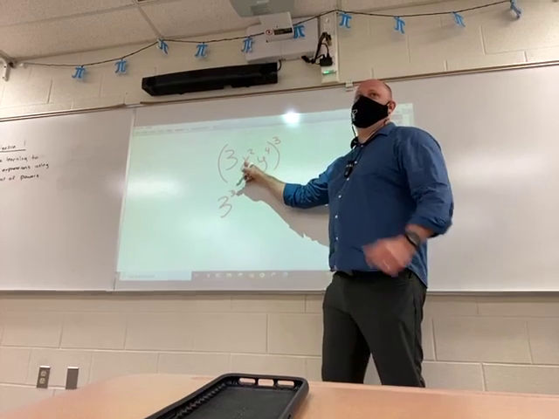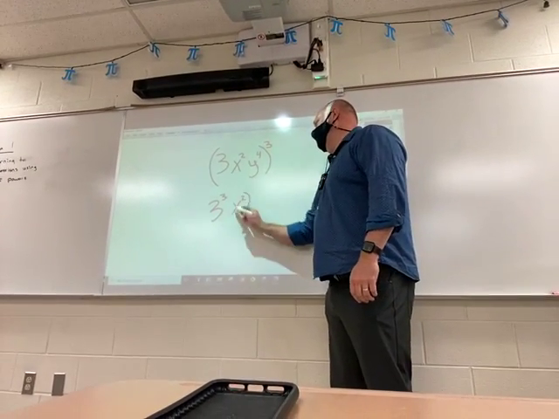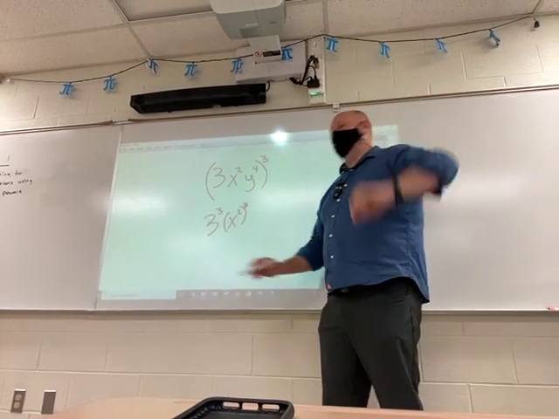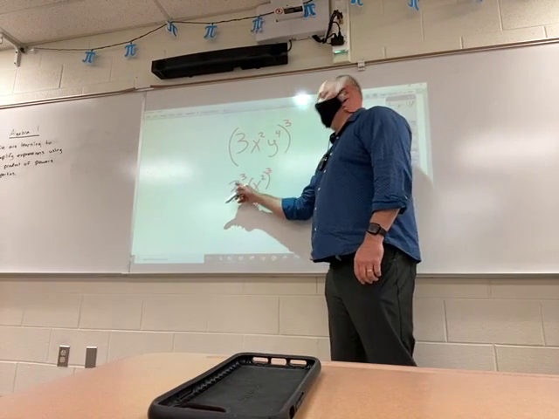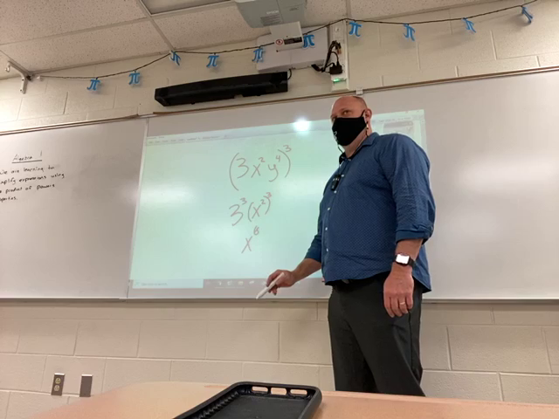What would happen to this x squared? It would also get raised to the 3rd power, which means it's going to be x to the 6th power. By the way, what's 3 times 3 times 3? Oh, wait. 27.